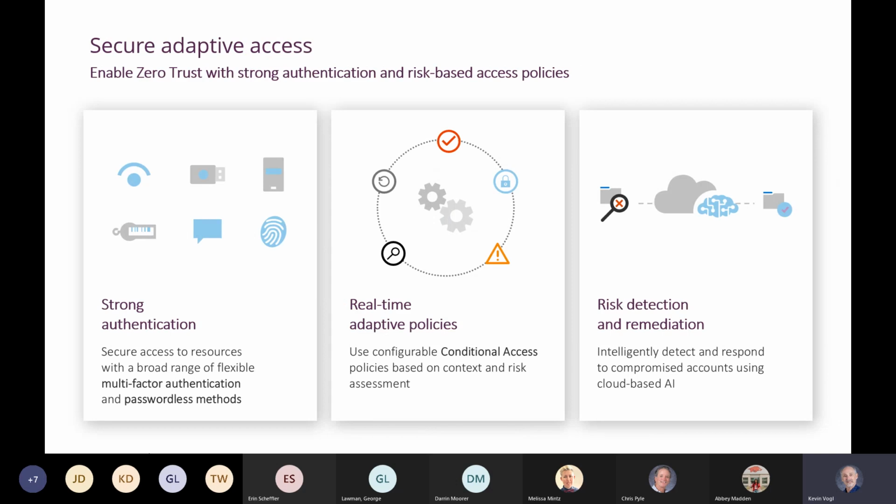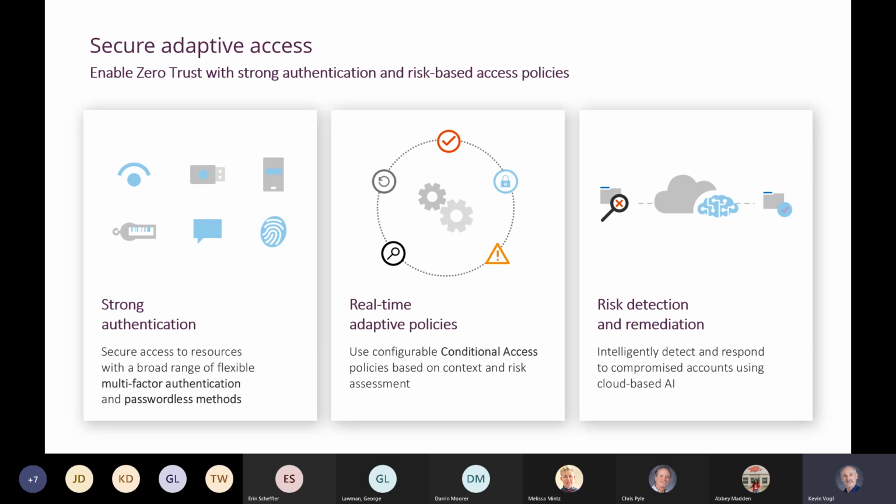So if you look across what we're talking about here, the zero trust model, we're talking about strong authentication. So using things, like we talked about, whether it's multi-factor authentication, whether it's passwordless methods like facial recognition or biometrics to do things, or these little fobs that you can carry.